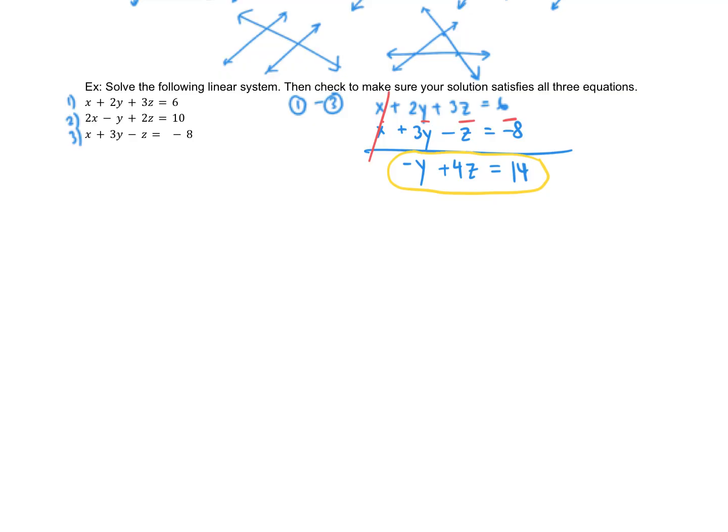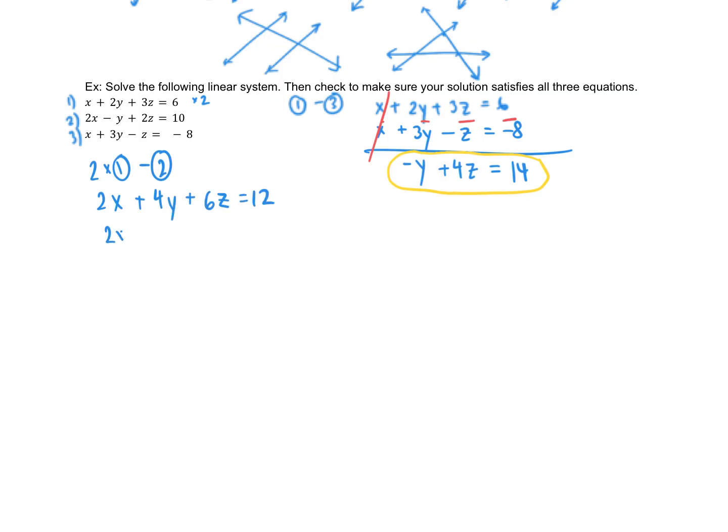That way I'm going to end up with two equations and they're both going to be about y and z, and then it'll feel very grade 10. So I think I'm going to double equation 1 and then subtract it from equation 2. So I'm going to have 2x, 4y, 6z, and 12.